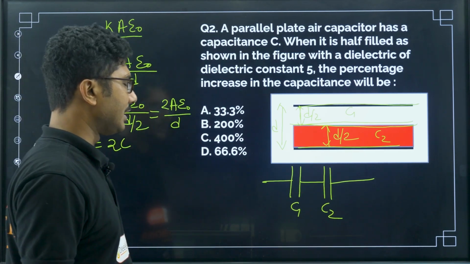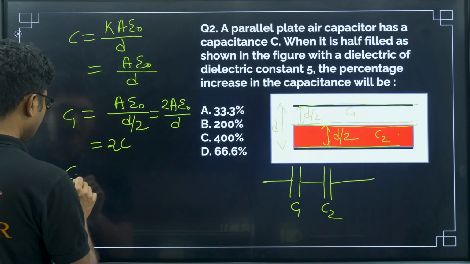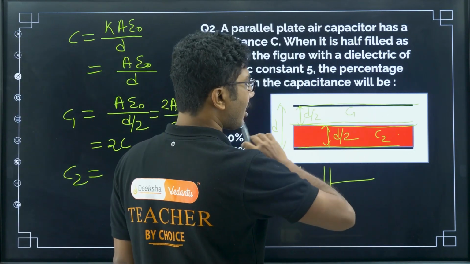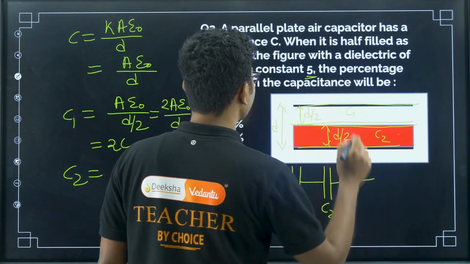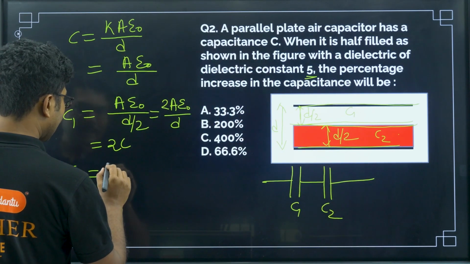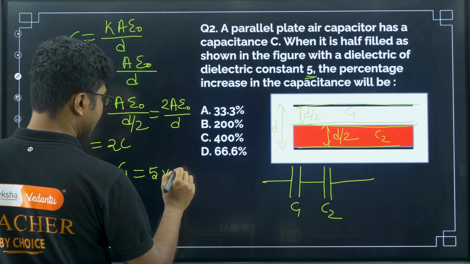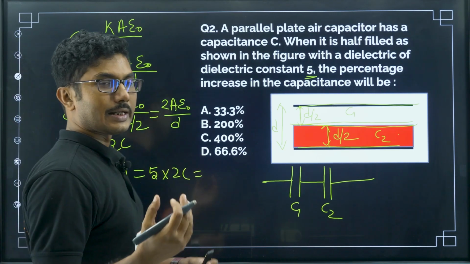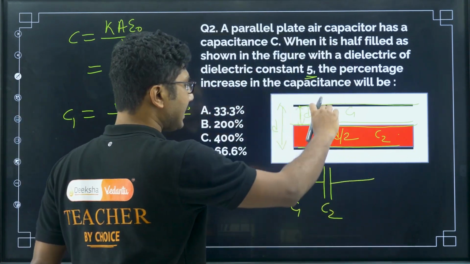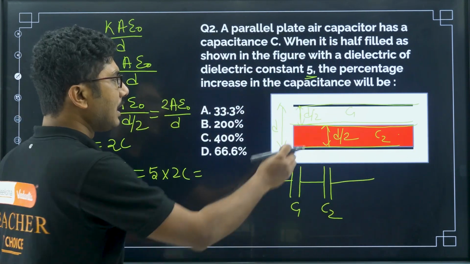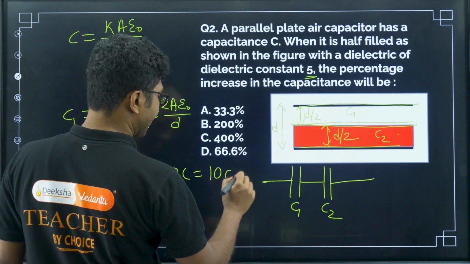So C1 is 2C. Now we have to calculate C2. C2 and C1 are everything same except there is a dielectric of constant 5. So we can write this as K C1, that is 5 times 2C. I told you that whenever a dielectric is inserted in a capacitor, it becomes K times. Because they are identical except for the dielectric, we can use the same concept here. So it will be 10C, right?